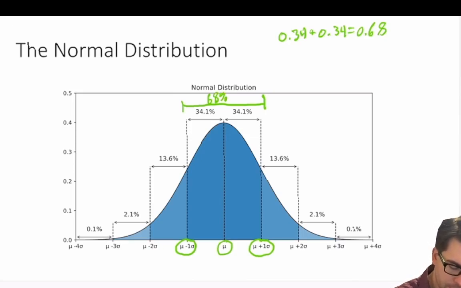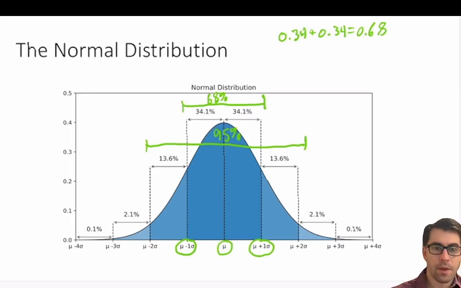Between plus or minus 2 standard deviations of the mean, we have 68% plus 13.6 plus 13.6, which is going to give us about 95%. We can get more specific with the decimal points, but for the sake of this video, we're just going to refer to it as the 68, 95, 99.7 rule.